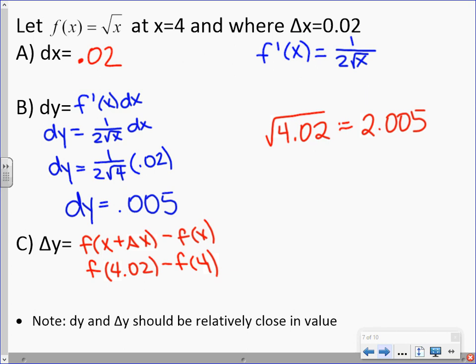But if you actually took the square root of 4.02 and the square root of 4, they would differ by 0.0049 and so on. Pretty darn close to what dy is. dy and delta y should be pretty close. We know that dy is more, though, because of that over approximation we talked about in the beginning.